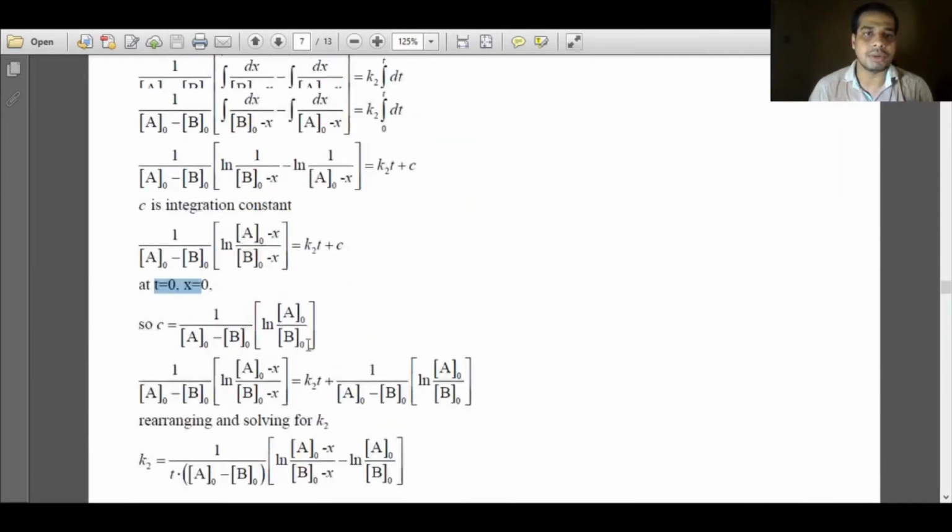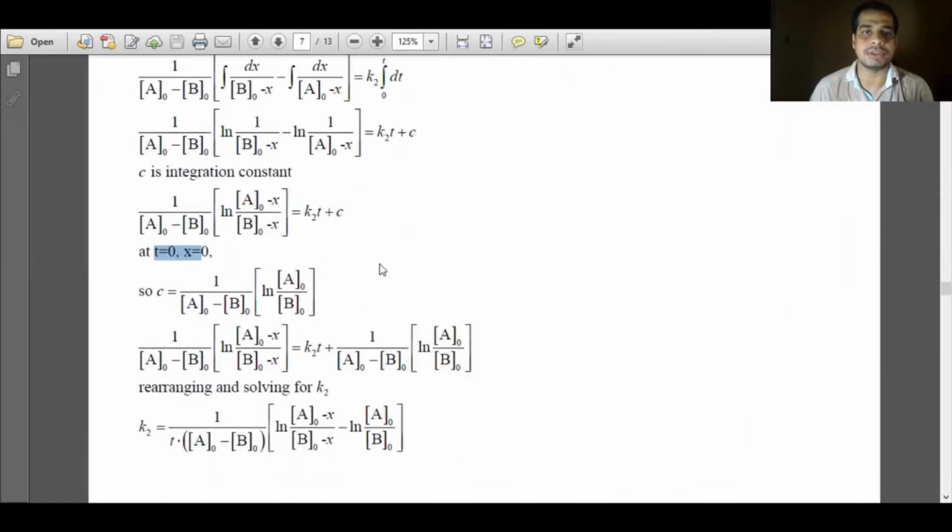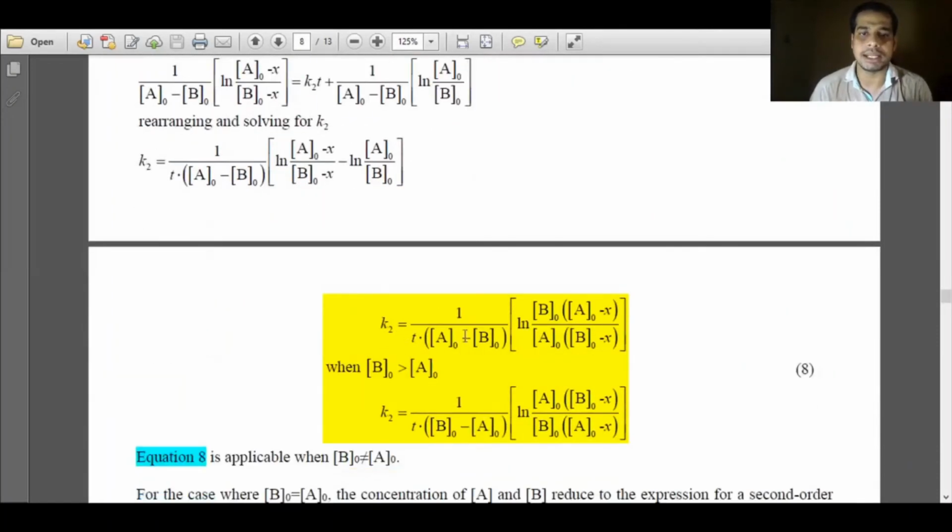Now while setting up the partial fraction condition, we have chosen that the initial concentration A0 is greater than B0. There are two reactants A and B. If we do according to this, we will get an expression like equation 8, the first expression. Now suppose it is the reverse case, meaning reactant B is present in more amount than reactant A, then we will get the second expression of equation 8.